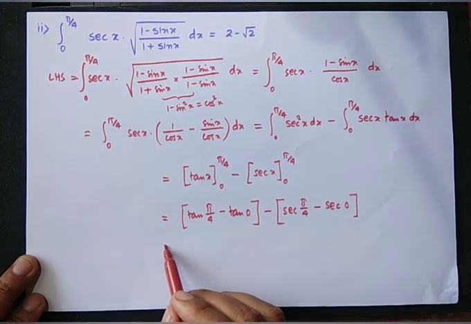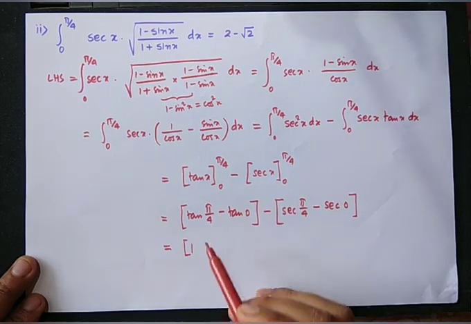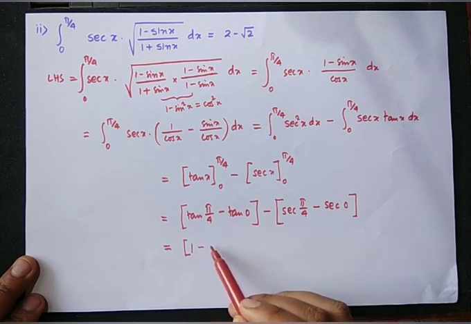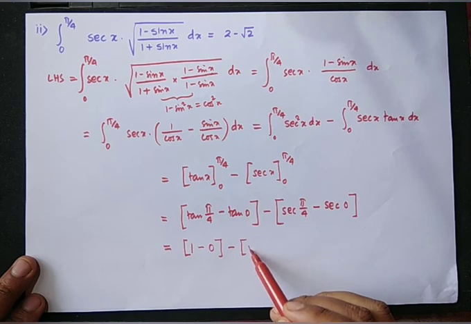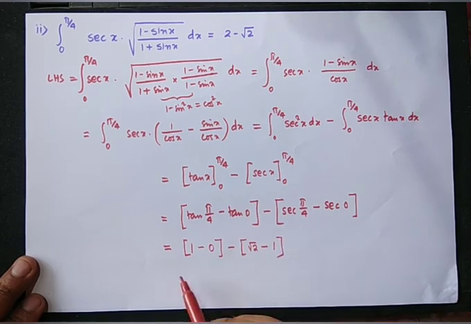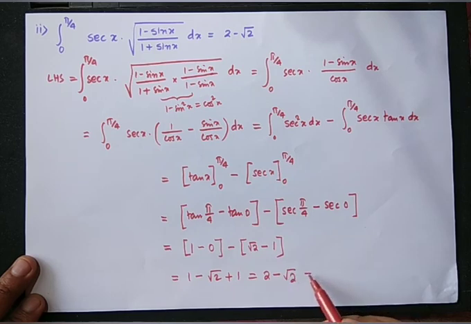The value of tan pi by 4, that is tan 45, is 1 and tan 0 is 0, minus sec 45 degrees, root 2, minus sec 0, which is again 1. Let us open the bracket. I have 1 minus 0 is 1, minus root 2, minus into minus is plus 1. So 1 plus 1 gives me 2. So 2 minus root 2 will be my answer.